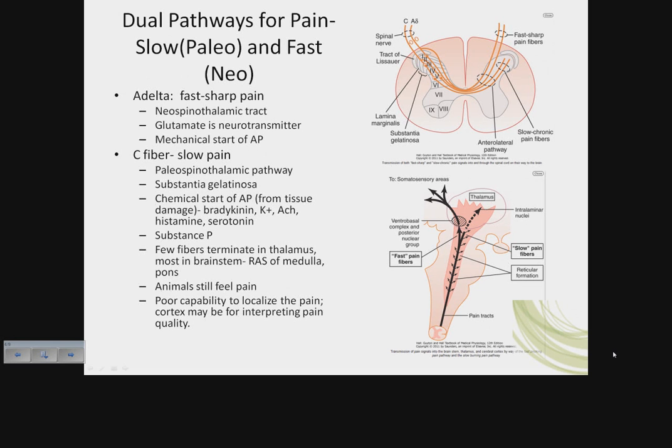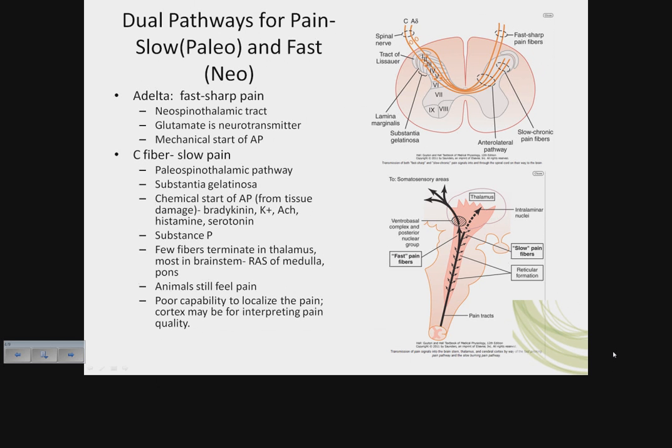And they're going to terminate in the thalamus, right? And we see that up here. Now don't worry about the ventral basal complex, etc. But that's where they're going to go. And those third-order fibers are then going to be transmitted to the somatosensory cortex.